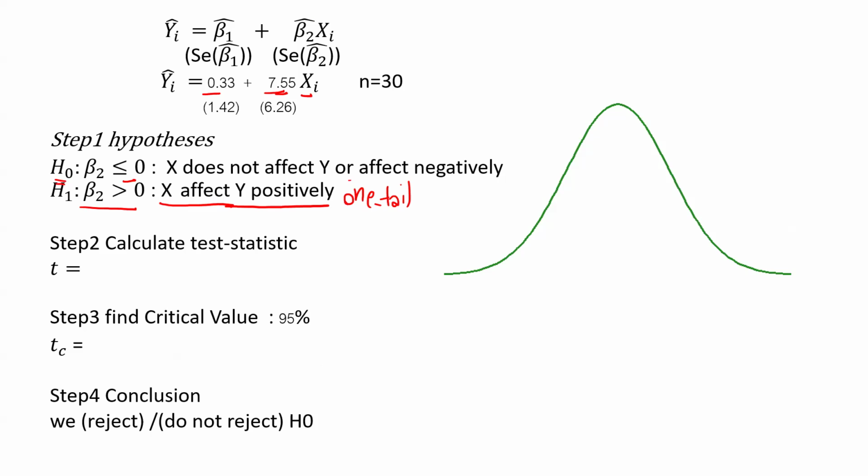This is the most important thing, that you set the hypothesis correctly. And there is only one rule: the equal sign is always in H naught.